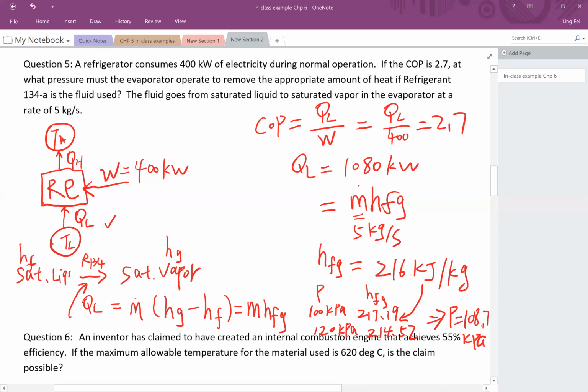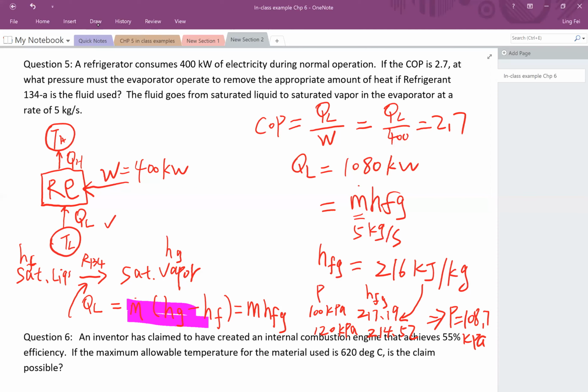So the only part I think is deep or maybe difficult for you to comprehend is the QL. Why does QL equal mass times Hg minus Hf? Think about it, because when you become saturated vapor from saturated liquid, you got to absorb heat.